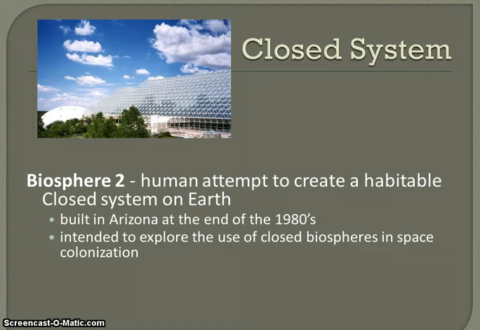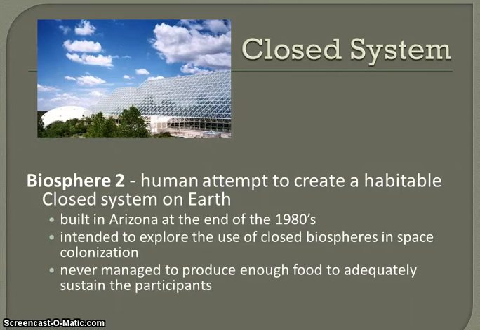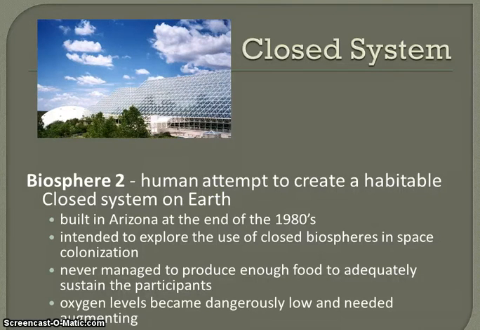And the idea behind this was if we can get this to work on Earth, then that would lead us to the ability to experience space colonization. The problem is we've never been successful with a biosphere on Earth. We can't produce enough food for those that live inside, and also we've had problems with the oxygen levels, and they've needed to be augmented. Now, if we're on another planet and the atmosphere is different, that wouldn't be possible.